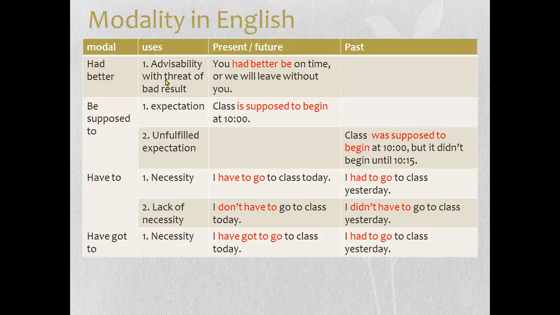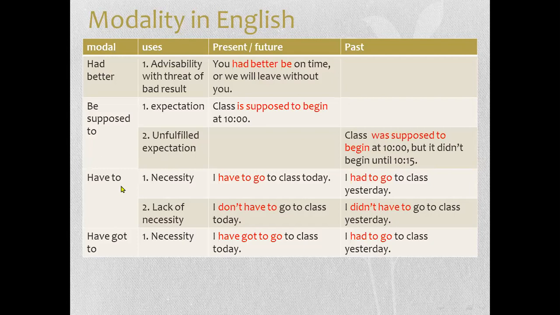And here you can see the semi-modals had better, be supposed to, have to, and have got to. There are no past forms of had better and be supposed to in the expectation meaning. But for unfulfilled expectation, there are no present or future forms, only the past form of be supposed to.